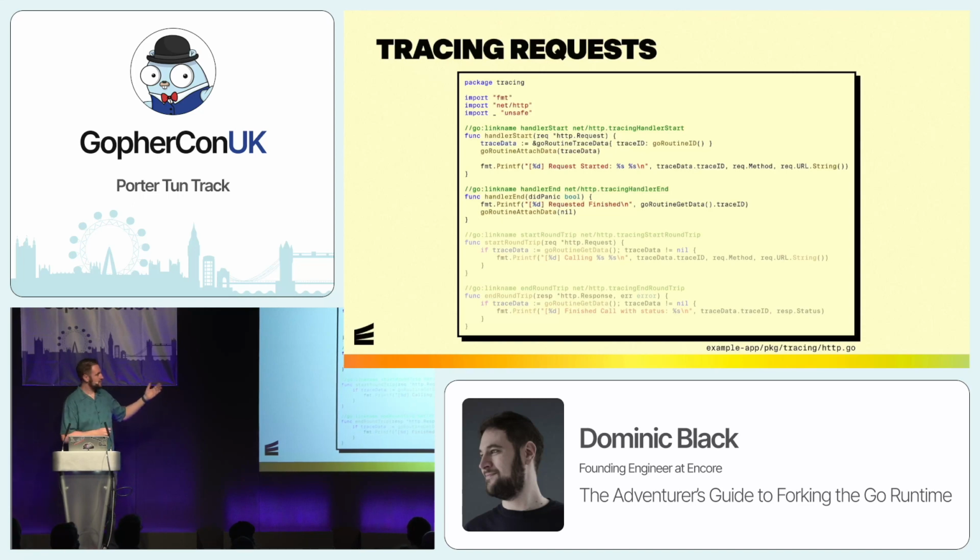And then when the handler ends, we just print, cool, the goroutine's done. And then really importantly, we then remove the data from the goroutine struct. And the reason we do this is we want the trace to start and stop with the request. We don't want that goroutine, if it goes away and does something else in the HTTP server, we don't want to see that appearing in our trace because that's unrelated to the activity we're interested in.